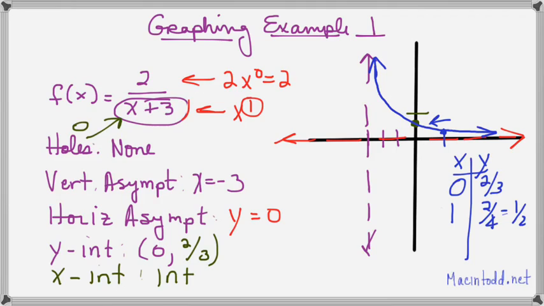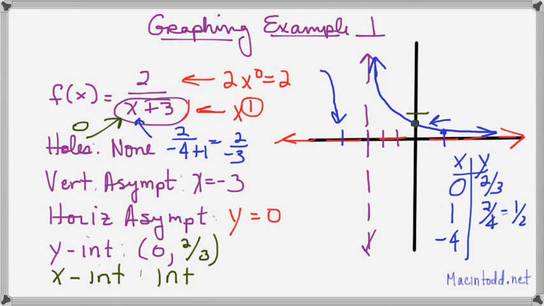There's still another branch to this, and so I want to test some x values on the other side of this asymptote, like -4. So I'll plug -4 into the function, and I get 2 over -4 plus 3, which is 2 over -1.